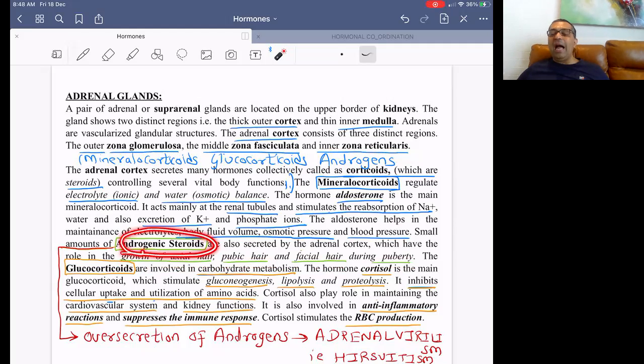And sometimes it may happen in certain women. Particularly, you will find many women in Punjab, Haryana, हट्टे कट्टे women होते हैं.